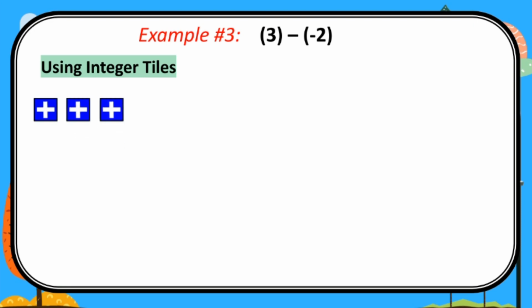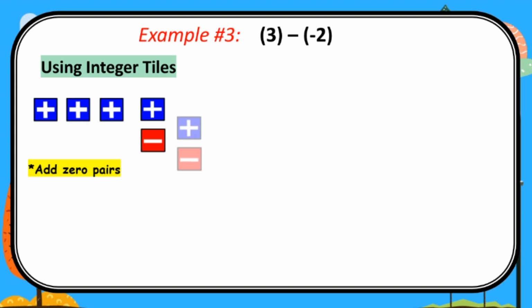Ang ima-minus natin ay ang subtrahend which is negative 2. So, kailangan natin ng red tiles. Pero, wala tayo nun. So, kailangan natin mag-add ng 0 pairs. So, since dalawang negative ang kailangan natin, mag-add tayo ng dalawang 0 pairs. So, we have 1 and 2. So, meron na tayo negative 2.